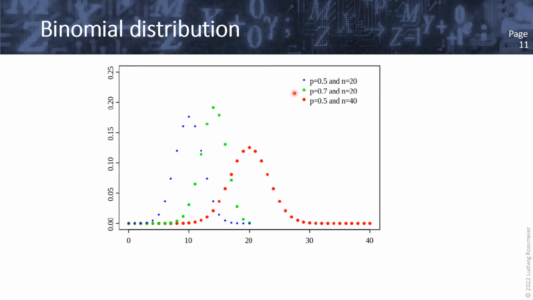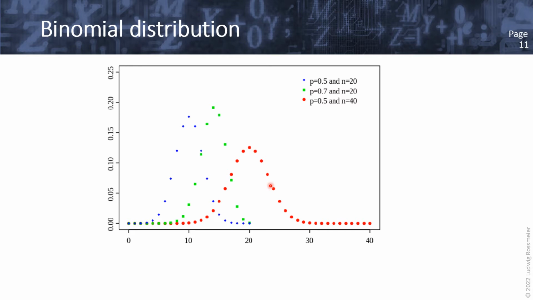Same for the green curve, where p equals 0.7. Here the maximum is more to the right, with the same number of cells as the blue curve. And another example would be the red curve, where we have 40 cells in place, now more than before, and again the probability of 0.5.